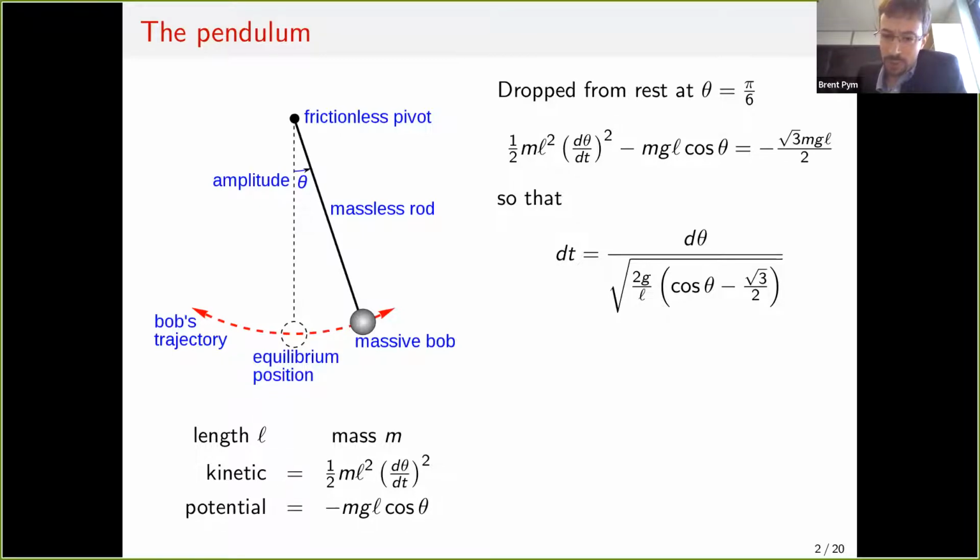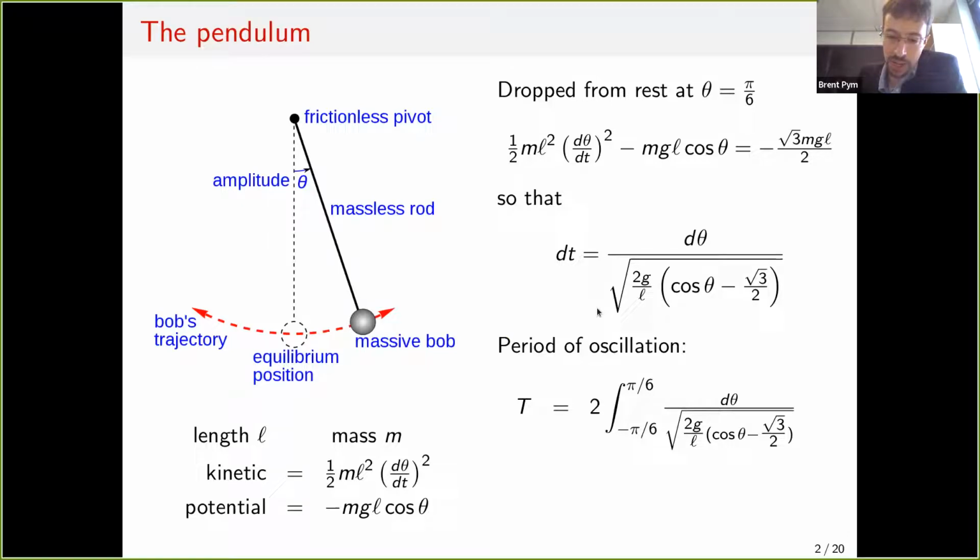Okay. So more formally, the period of oscillation is going to be the time it takes to go from theta equal to pi over 6 to minus pi over 6. And so I just have to integrate d theta, this expression, between those endpoints. Okay, fine. Well, this is some integral, and we can rearrange it a little bit.